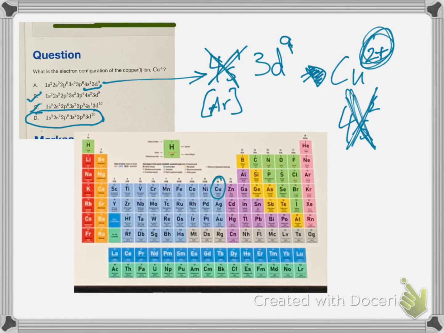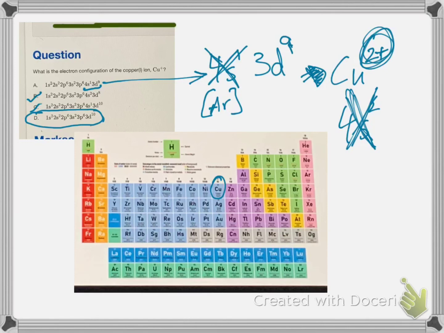Well, not the electron configuration of copper itself, but in regards to the exception plus the removal of 2 electrons.